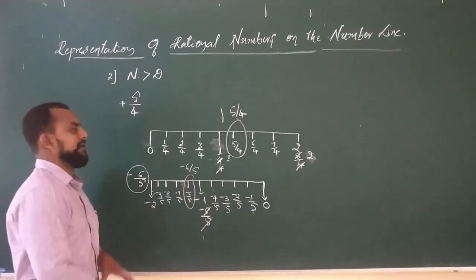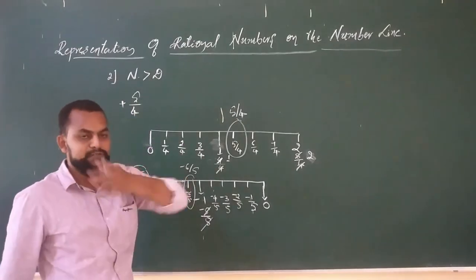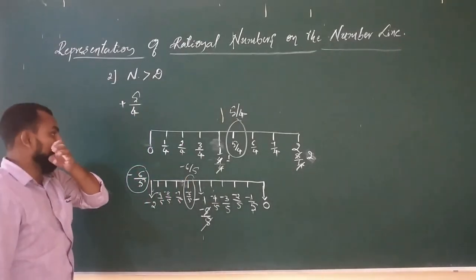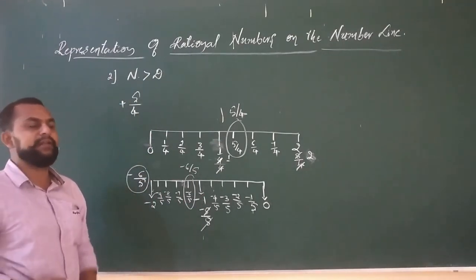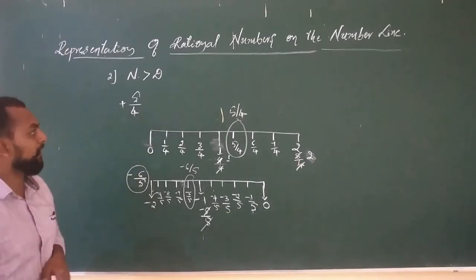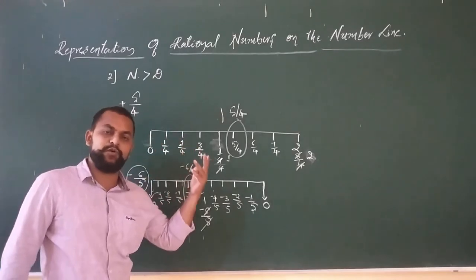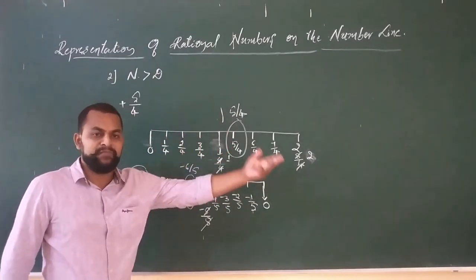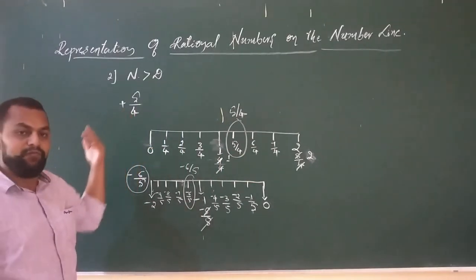This is the representation of rational numbers on a number line. Here are the two conditions. One is the numerator lesser than the denominator: that rational number, negative or positive, lies between 0 and 1 for a positive rational number, and between 0 and minus 1 for a negative one.